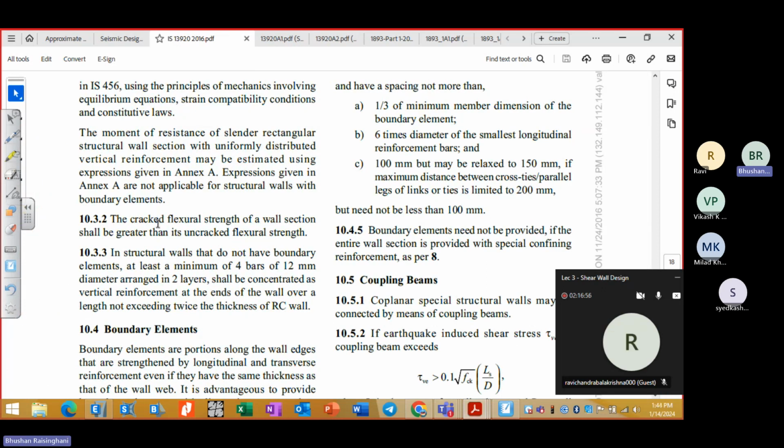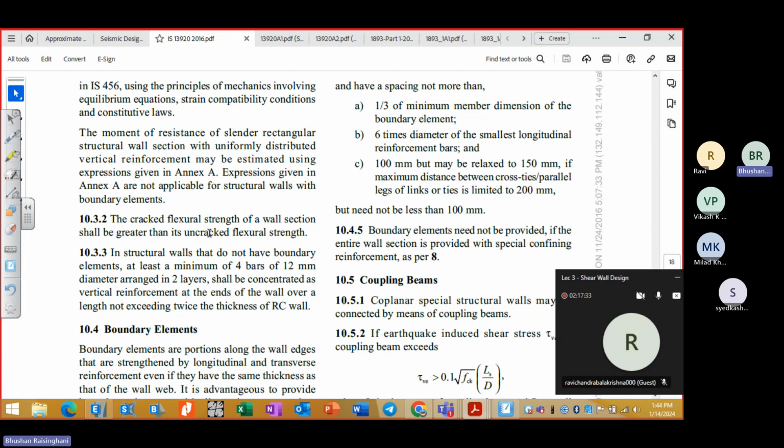So cracked flexural strength has to be more than the uncracked flexural strength, because stress will increase with respect to strain. When it is uncracked, the strain is less. As it goes towards the crack, the strain will keep on increasing. So when strain is increasing, your stress will keep on increasing. So your internal stress is higher, that means your internal resistance is higher, right?